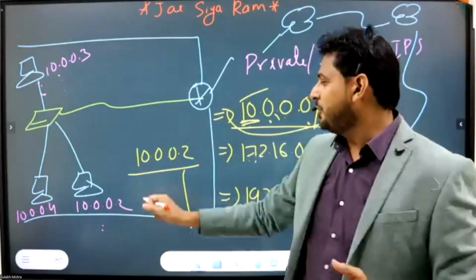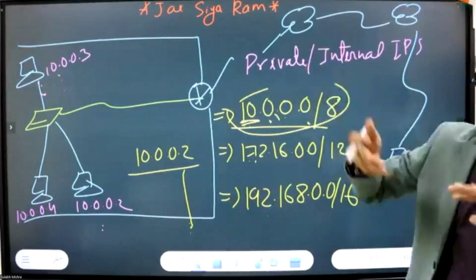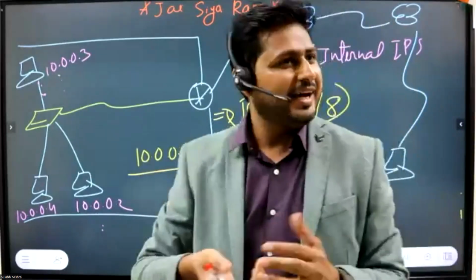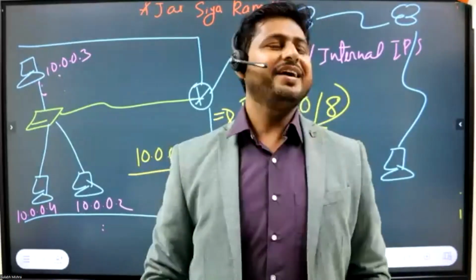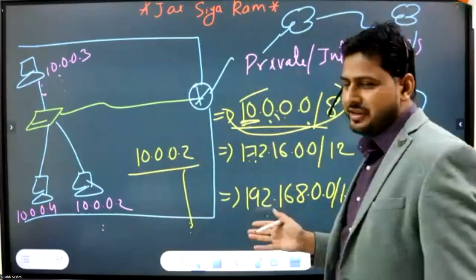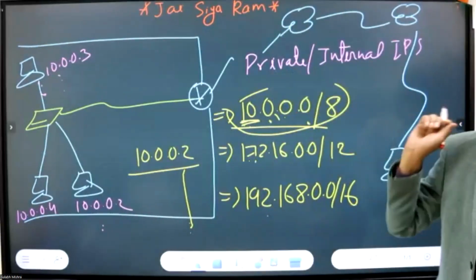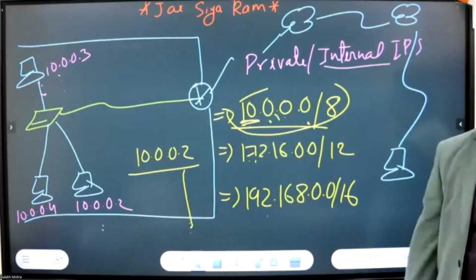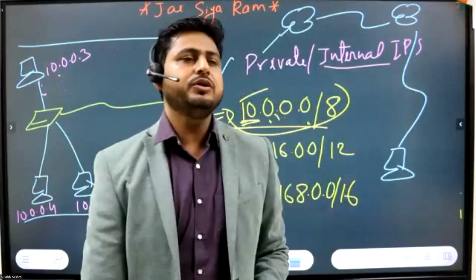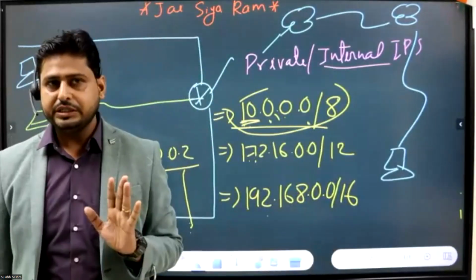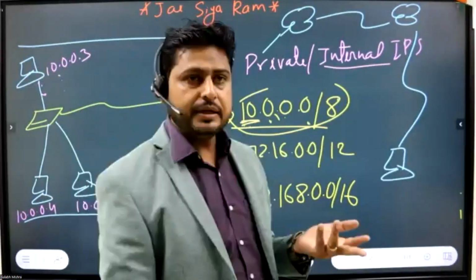If you also go to the internet, they also will go to the internet, and conflict will happen. It means the address will no longer be a unique address. That is the reason IANA says that these sets of IP are reserved for private use only. Internal use only means within the company, within your private network, you can use this set of IP address, but you can't access the internet.